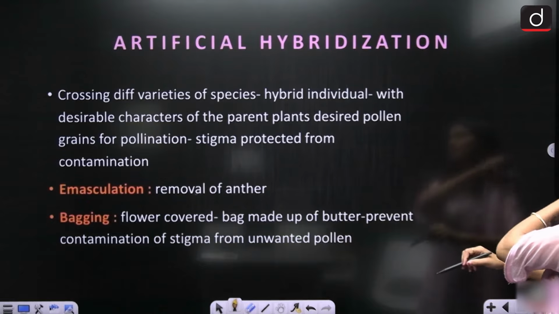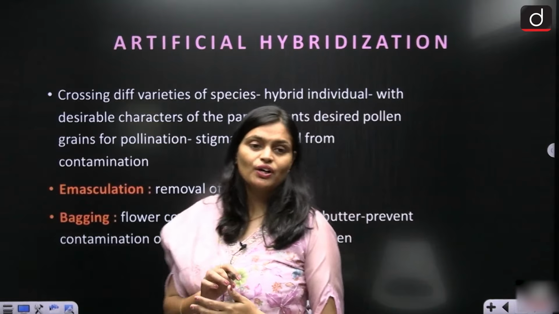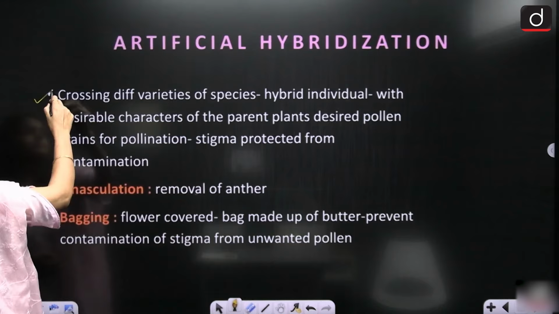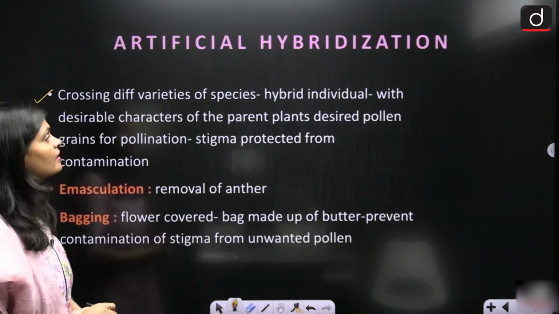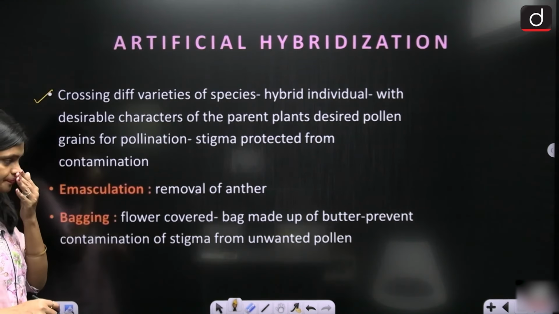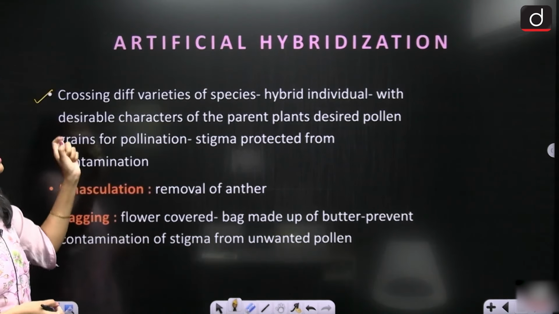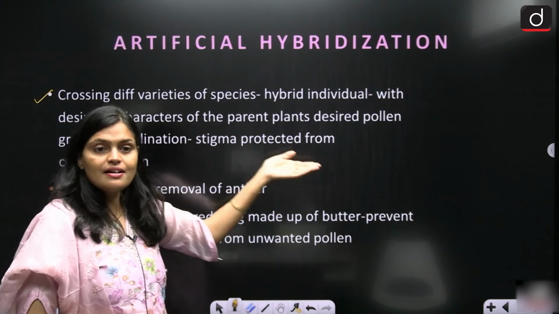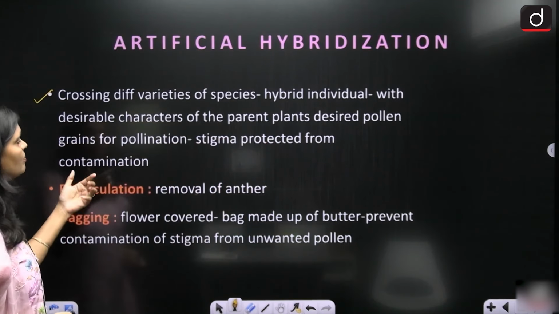Now artificial hybridization. Artificial hybridization means what, guys? What do you mean by artificial hybridization? Crossing different varieties of species, creating a hybrid individual with the desirable character of the parent plant, with desired pollen grain for pollination, and the stigma protected from contamination.